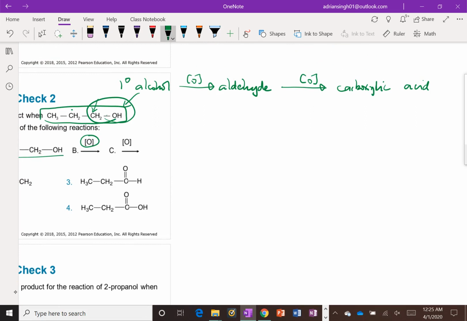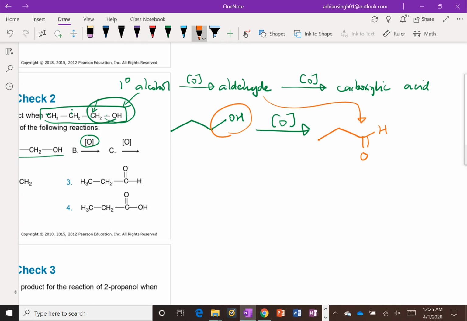And really the only part of the molecule that is going to change is the part where the OH is attached. So we have a 1, 2, 3 carbon alcohol. We're going to oxidize it. We're going to change this hydroxyl group to an aldehyde. So we have 3 carbons, 1, 2, 3. Aldehyde has a C double bond O to an H, right? That's my aldehyde that I made.